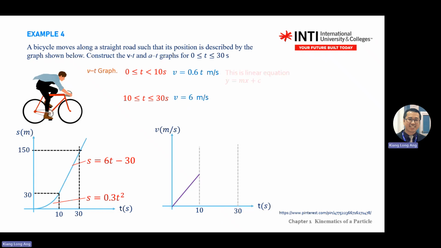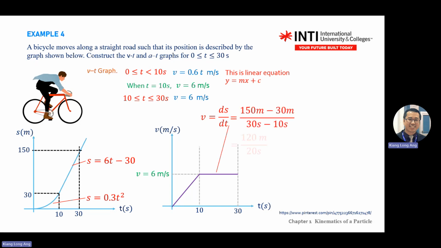You get 6, right? Then here, v equal to 6 is a straight line at 6. You use a ruler and draw a straight line. And then you write the equation for this one and this one. Then you complete already. It's very easy to score on this one.